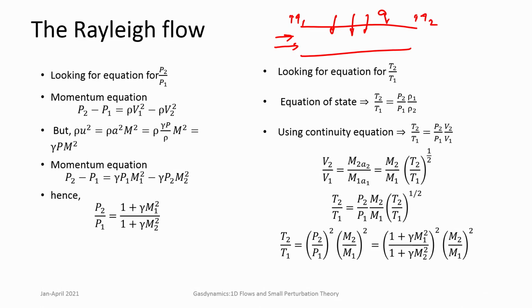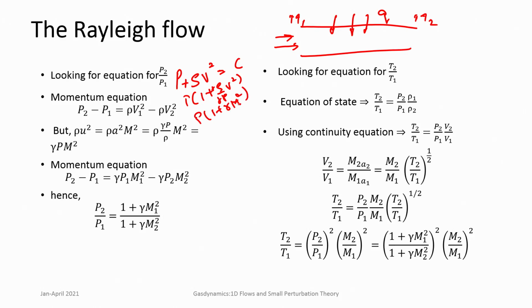In this case we directly look at the momentum equation. It is an inviscid flow. So P plus rho v square is equal to a constant. If you take out P as common, this will be 1 plus rho by P v square, which is 1 plus, multiplying and dividing by gamma, 1 plus gamma M square.